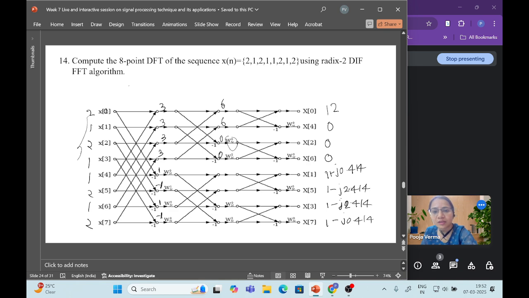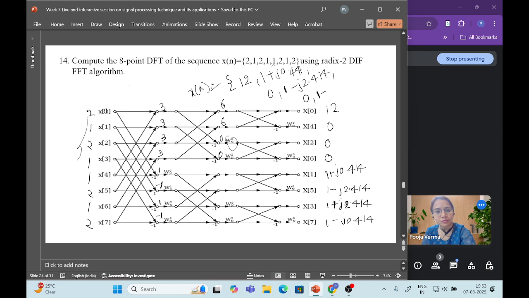So the DIF X of n you will get from here, that is 12, then 1 plus j 0.414, sorry 4, then again 0, again 3 is 1 minus j 2.414, again 4 is 0, then 1 is plus, 1 is minus, here it is plus.